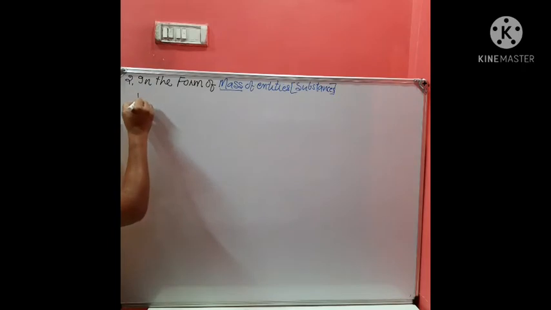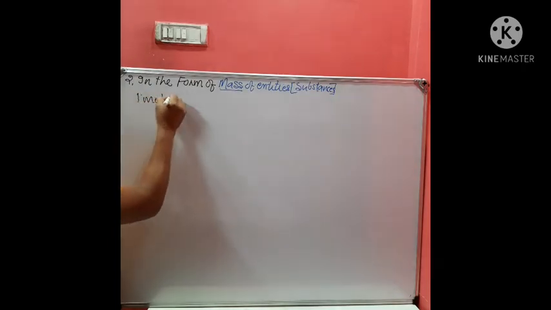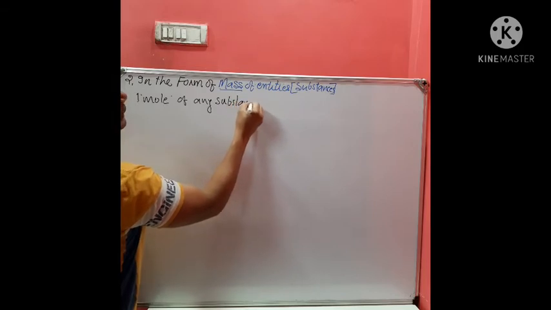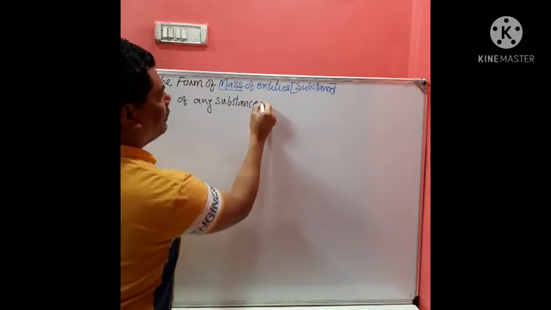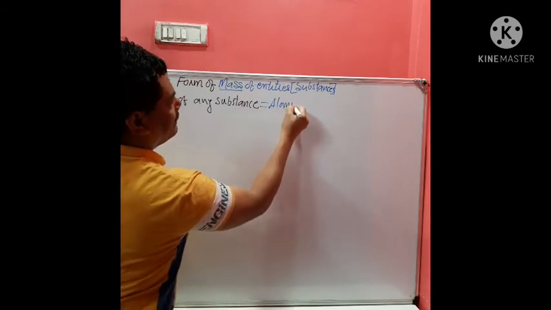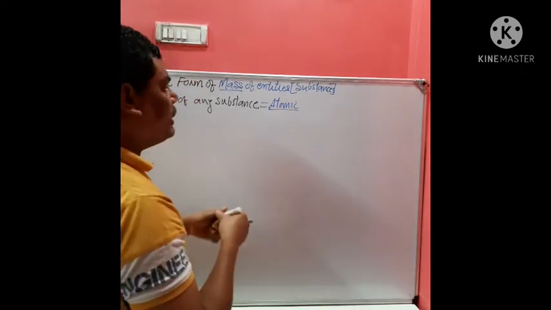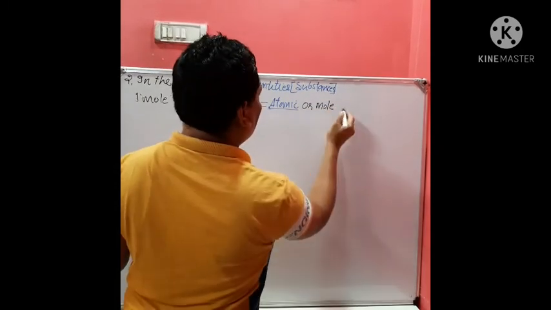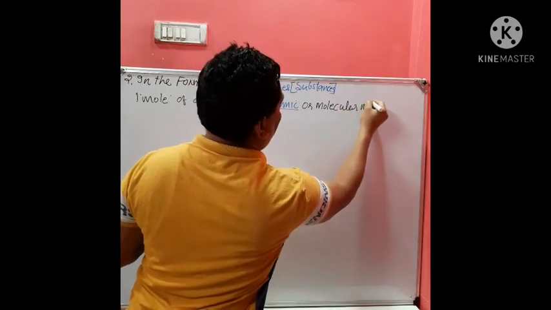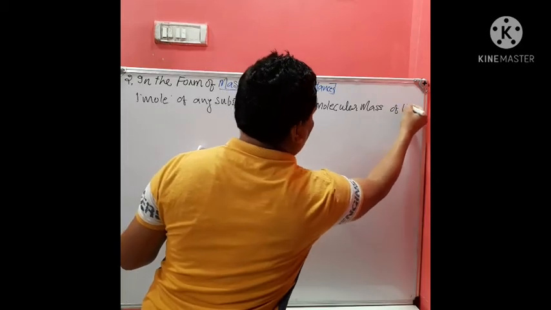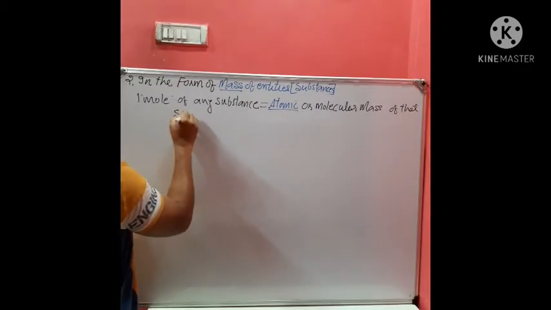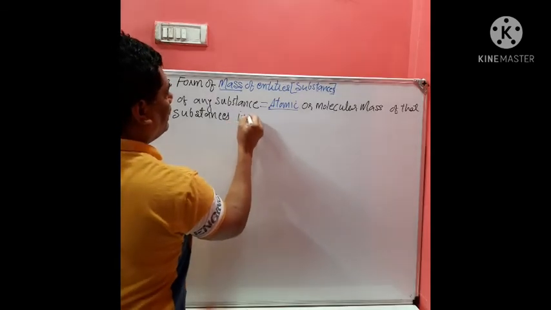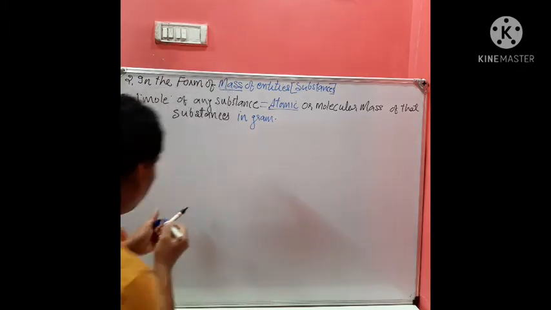How is it? 1 mole of any substance is equal to atomic, if it is an element, or molecular mass of that substance, which will be given in gram.